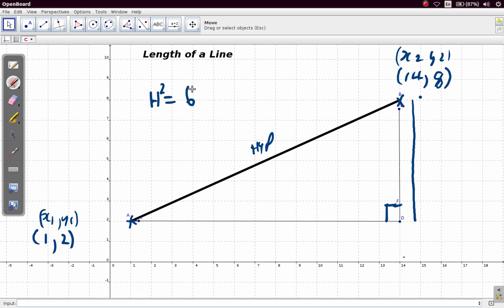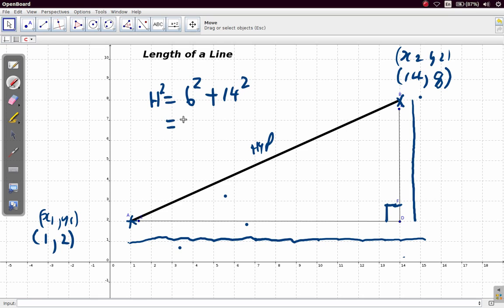So it is 6 squared plus the square on the other side. How long is this side? 1, 2, 3, 4, 5, 6, 7, 8, 9, 10, 11, 12, 13, 14. 14 long. It's 14 squared. Alright? So h squared is 6 squared plus 14 squared.